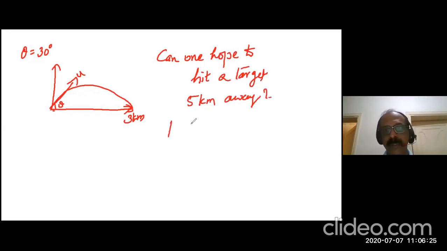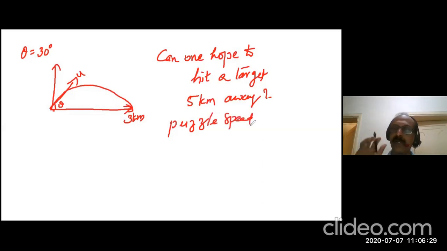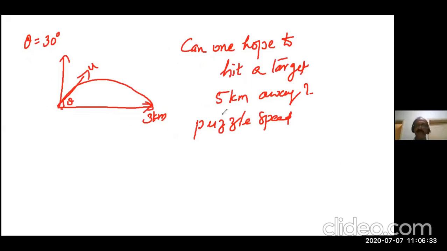Assume muzzle speed fixed. Muzzle speed means the actual speed of the bullet fired, that means u. Muzzle speed is fixed. Neglect air resistance.